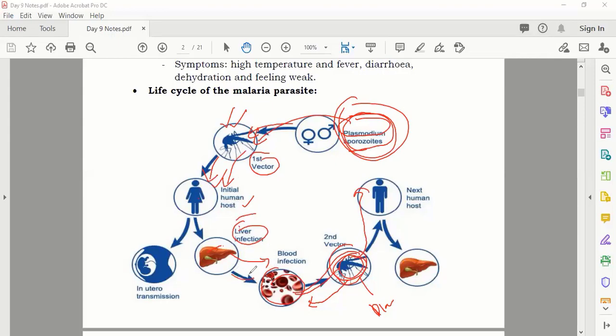Then again it goes to the bloodstream, and then a fresh mosquito, a mosquito which does not have plasmodium before, bites that human who is already infected by plasmodium, and it will take the plasmodium from that human and transfer it to another human. So this cycle goes like this. Okay, we'll see another diagram for this.